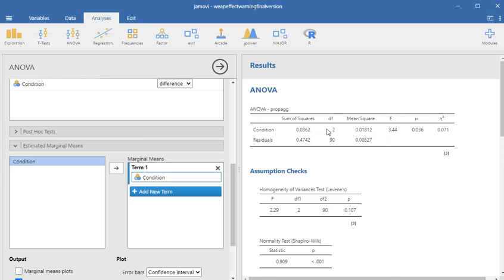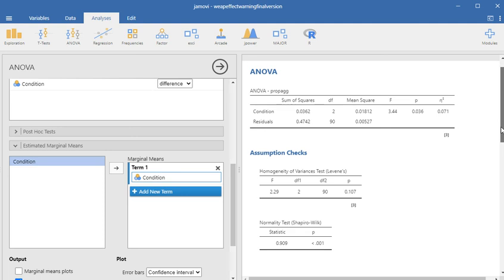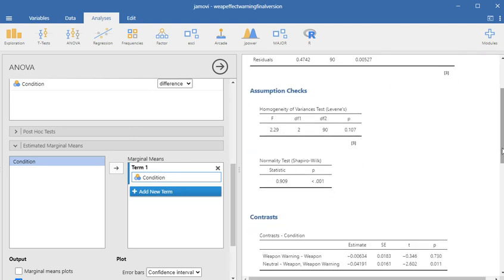So you can see the summary table is all set up for you, just the way you'd set it up in a normal hand calculation run. We're able to very conveniently do the assumptions checks, and even though this is clearly not a normal distribution at all, that's not a big deal for us.